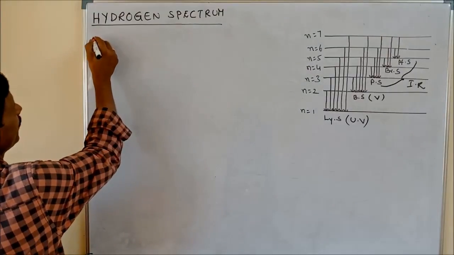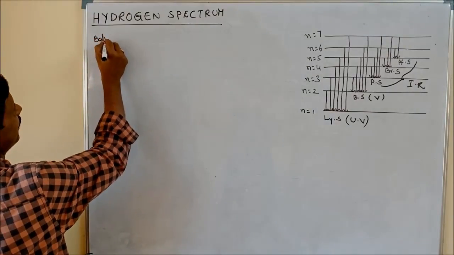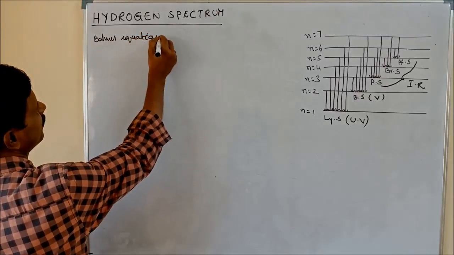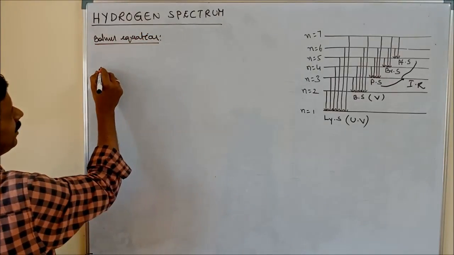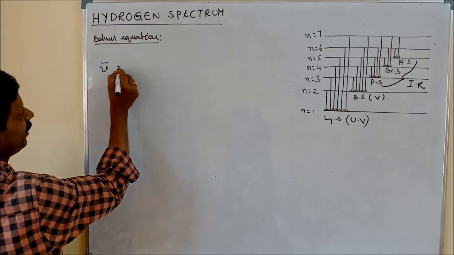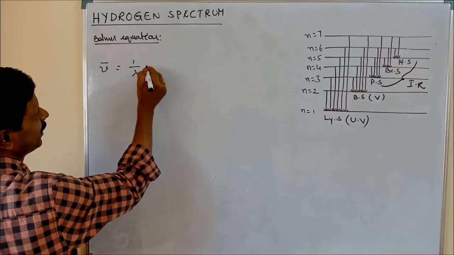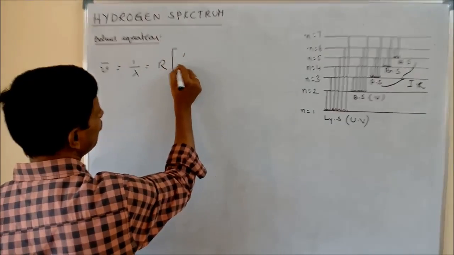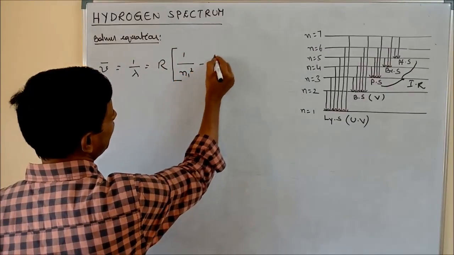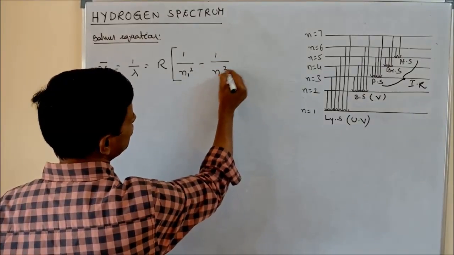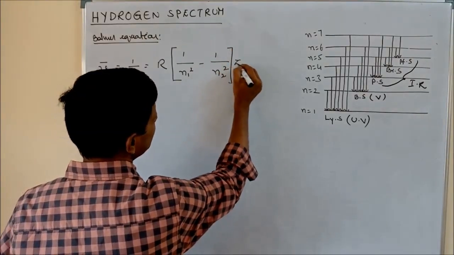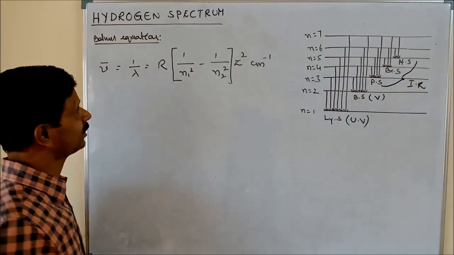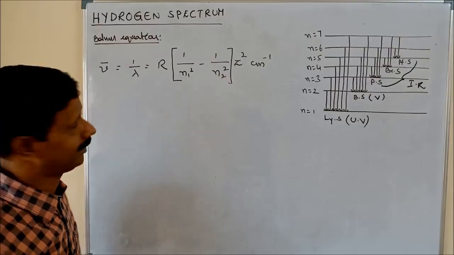Now, if you observe this Balmer equation, here it is nu bar, meaning wave number, which is equal to 1 by lambda, that is equal to R into (1 by n1 square minus 1 by n2 square) into Z square centimeter inverse. So that is what we call the Balmer equation.